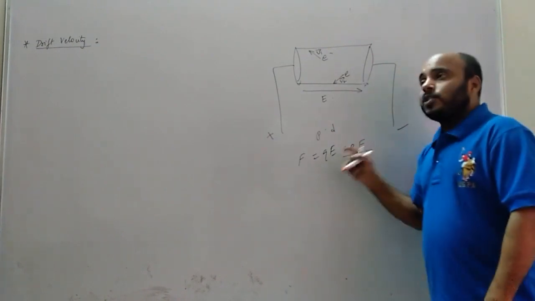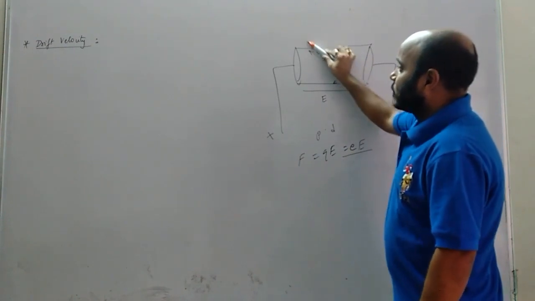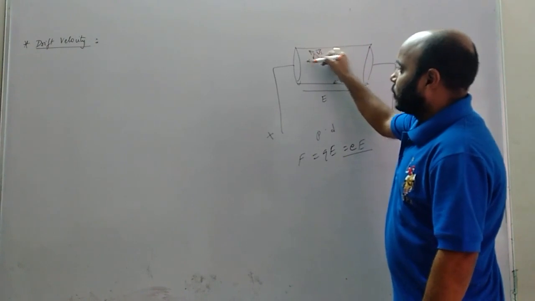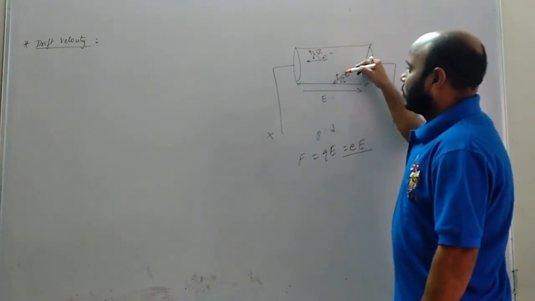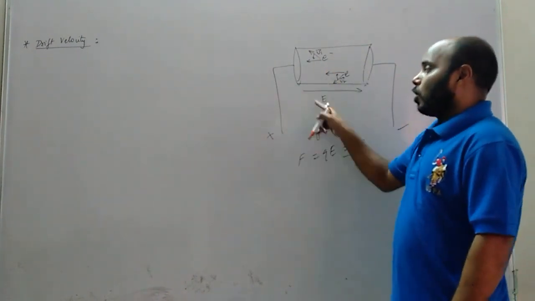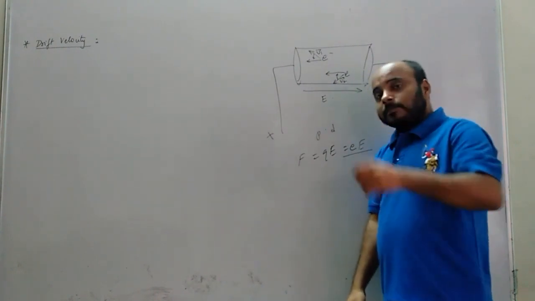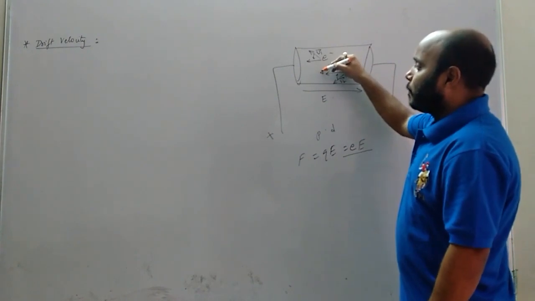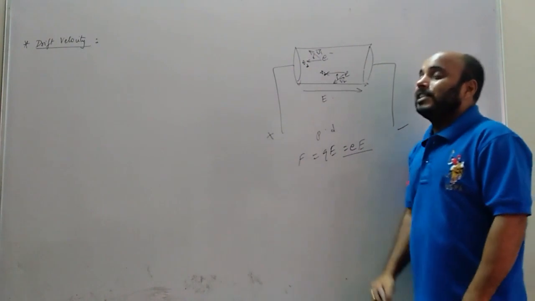Due to this force, what happens? These electrons move in this direction. They drift opposite to the direction of the electric field, towards the positive terminal. Understood? Clear? So after drifting, they acquire a particular velocity, which is called the drift velocity, Vd.